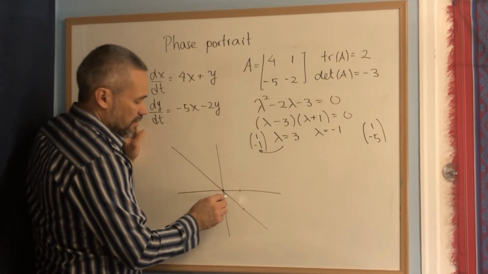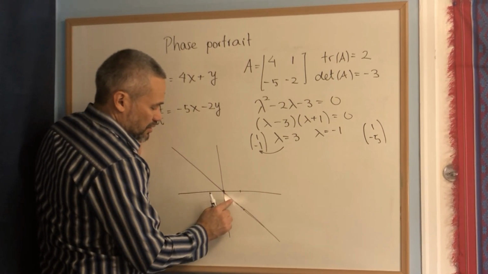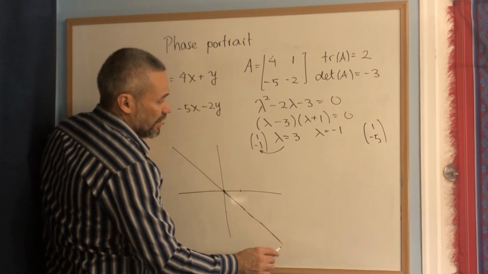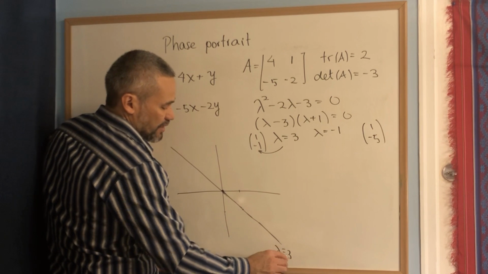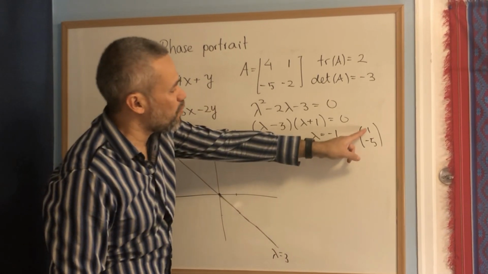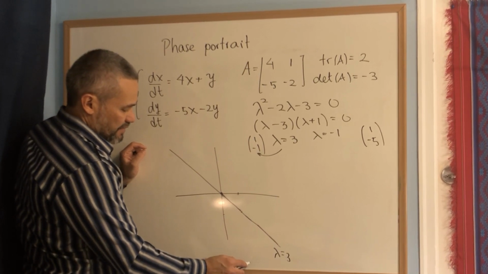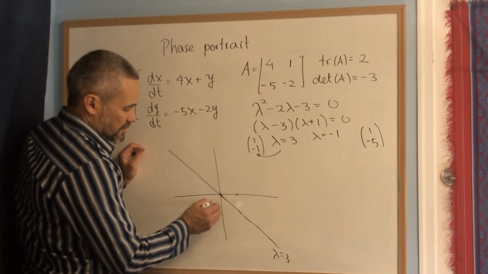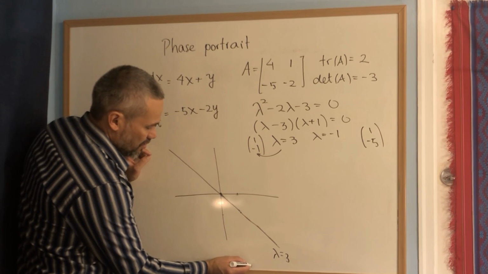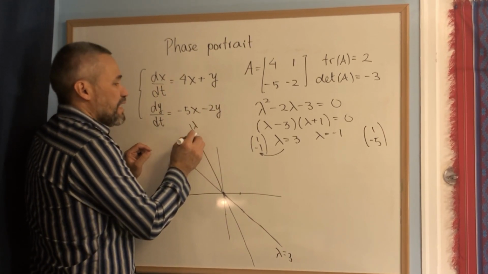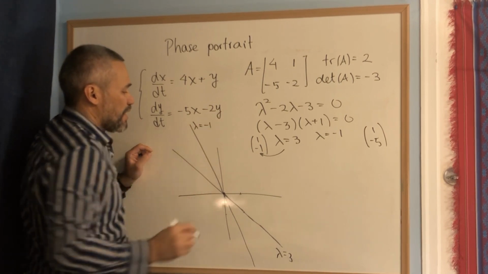On that line, we label it lambda equal 3, and the other line is 1, negative 5. 1 and negative 5 is like here. Let's draw that line. And this line goes with lambda equal negative 1.